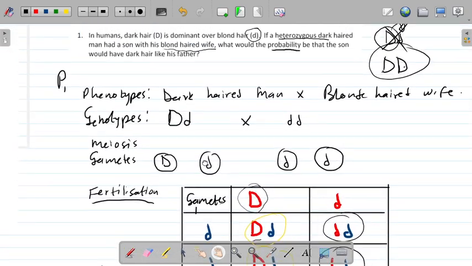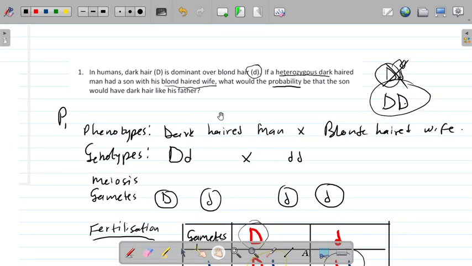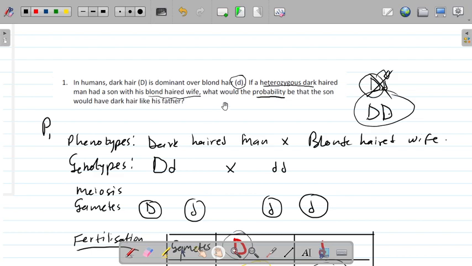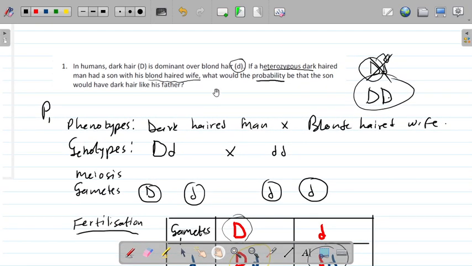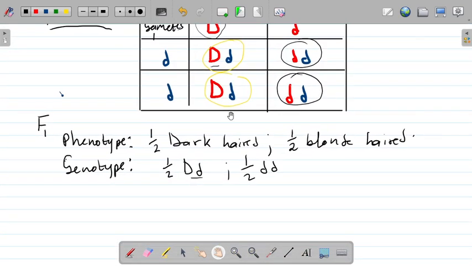But you haven't really answered the question. Well, you have by doing the cross, but some questions will ask you what the proportion is. Like this one: what would the probability be that the son will have dark hair like his father? So you're not done answering the question.